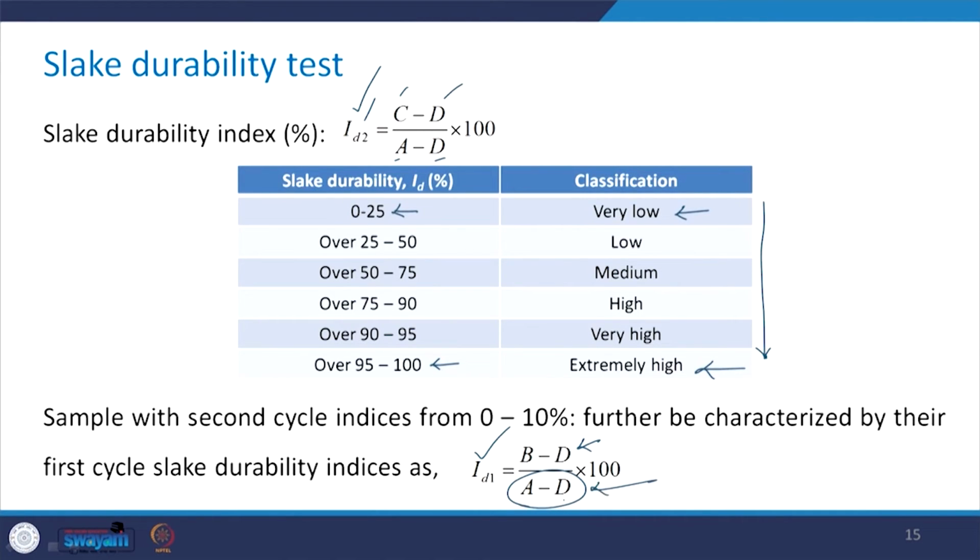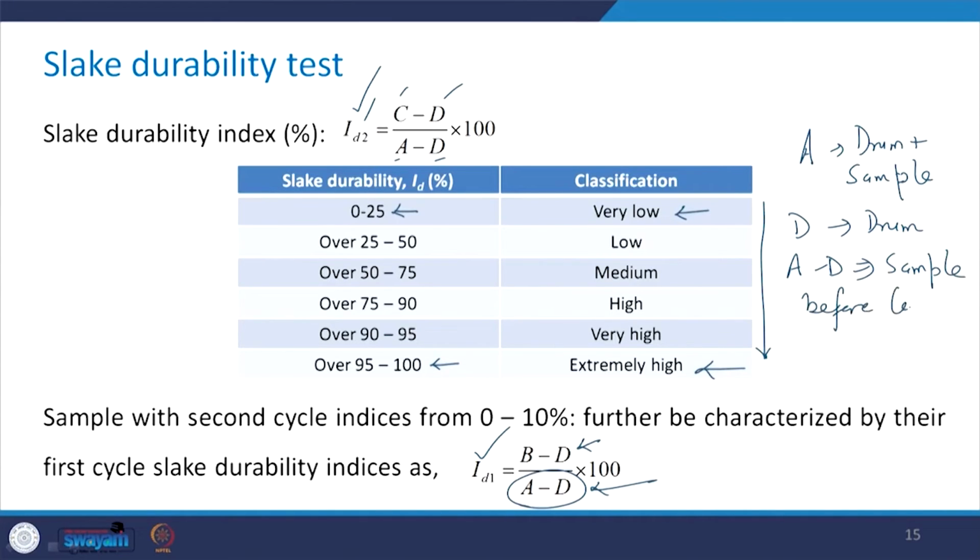See, D is the weight of the drum and A was the initial weight of the drum plus the sample before the conduct of the test. D is the weight of the drum. So, A minus D is going to give me the weight of only the sample before the test, right.